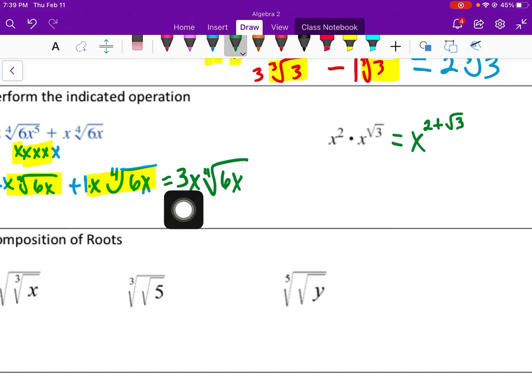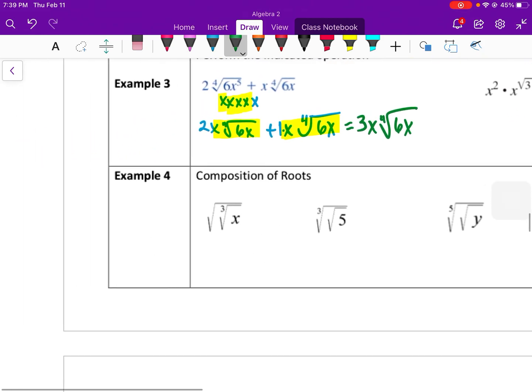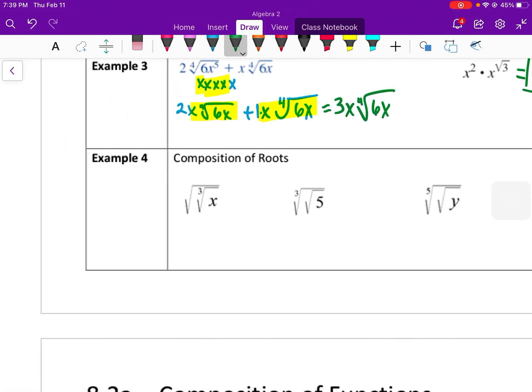So since these terms are not like, we cannot add them together like we can over here. So we're kind of relating back to the first lesson where we add the exponents for the product with the same base, and now showing that we cannot add different terms. They need to be like terms. So this would be simplest form here.